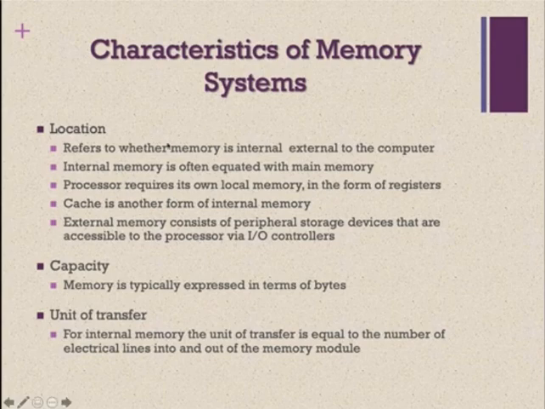So for memory, we talk about internal and external. The processor requires its own local memory, because we discussed that if we access data from RAM, it may take thousands of cycles.